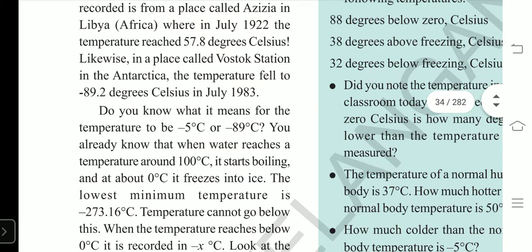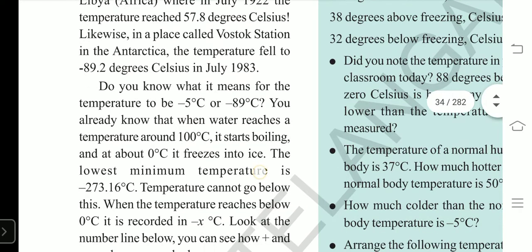So here, can you find the difference between minus 5 degrees centigrade and minus 89 degrees centigrade? In which of these two do we feel it is a higher temperature? It is minus 5 degrees centigrade. Minus 5 degrees centigrade is greater than minus 89 degrees centigrade. Understand?